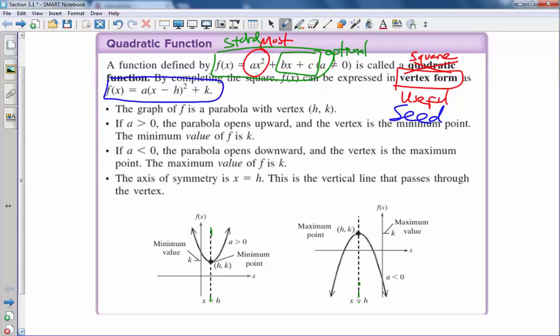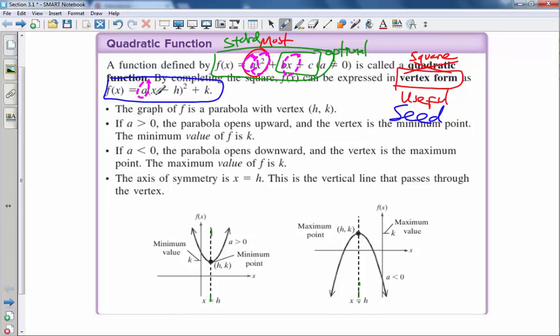But what is the difference between these two? Not quite different though. Look, A still matches. A doesn't change. It's still in front. However, B and C are completely gone. They don't show up here. There used to be two spots with x's, one under a square, one single with no square at all.